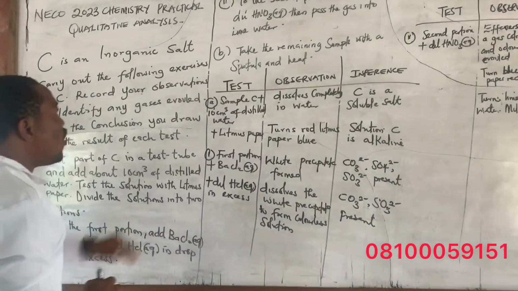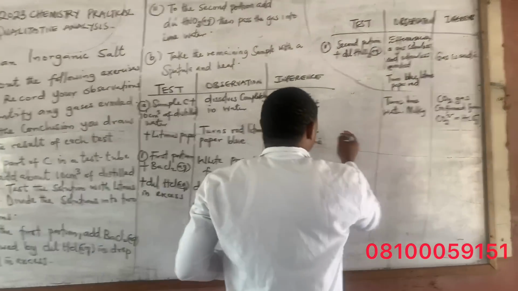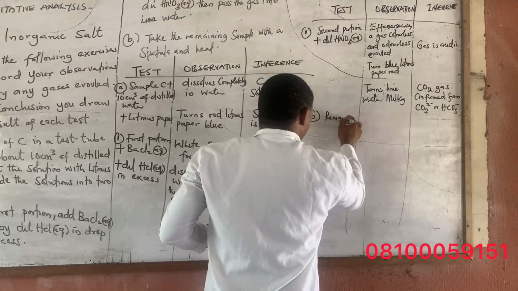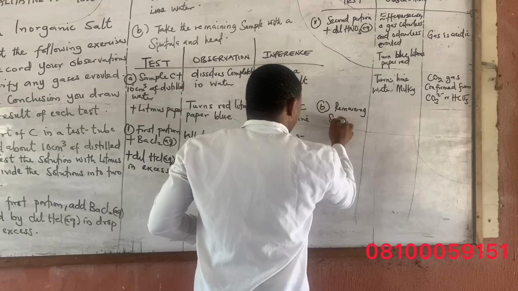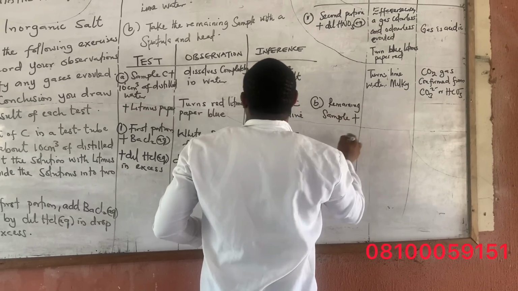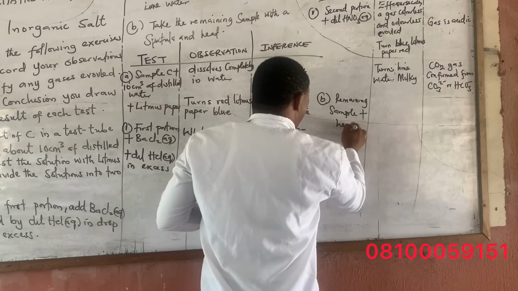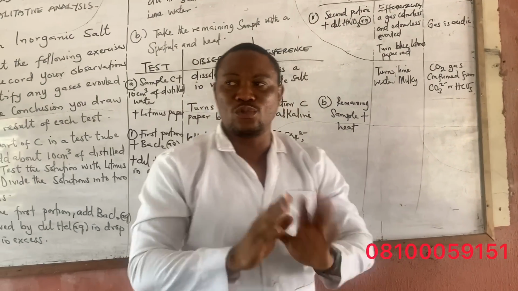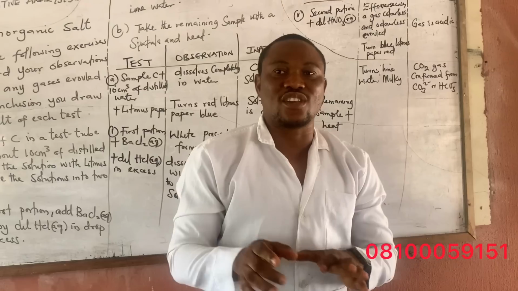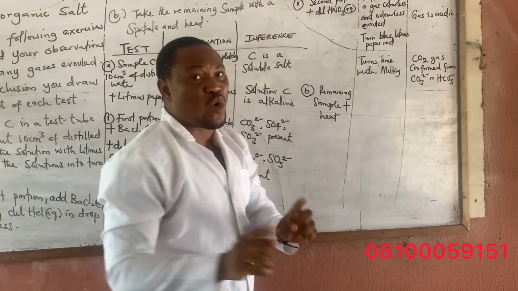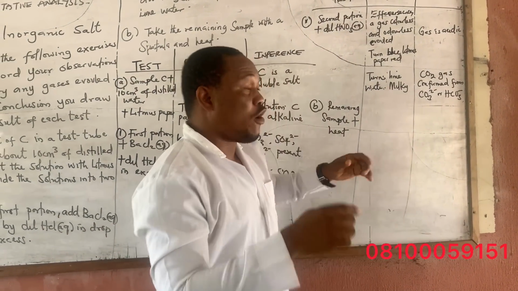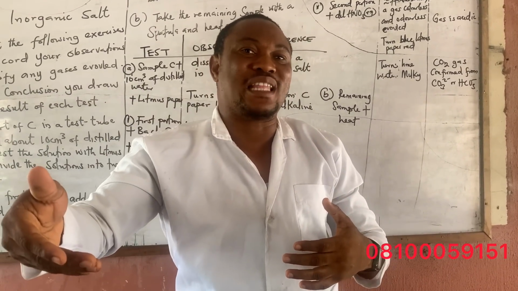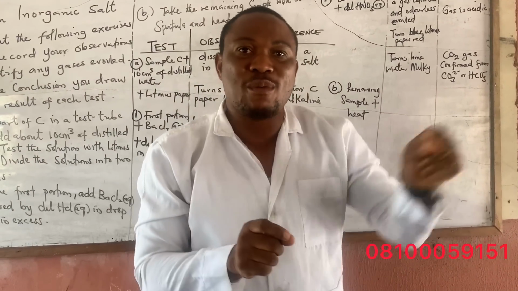So take the remaining sample. That's B now. Take the remaining sample and heat it. I won't take much of our time here, but I'll do a series on this, because this is more or less what we call a flame test. Although your flame test cannot be used to confirm a particular metal ion, we can use it to test for it, maybe it is there.